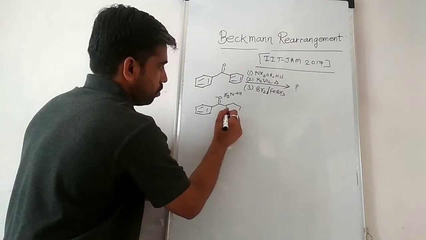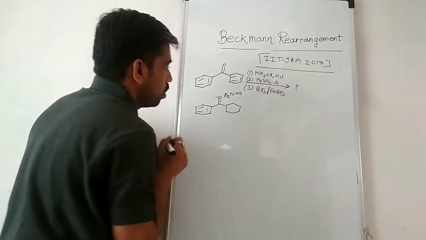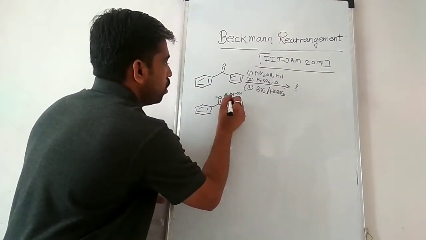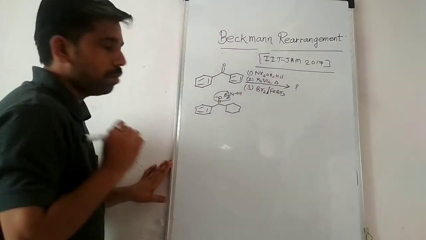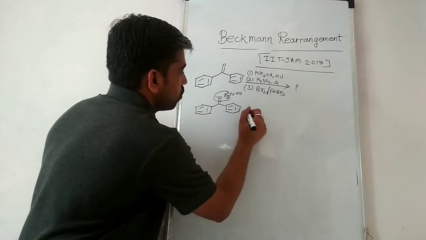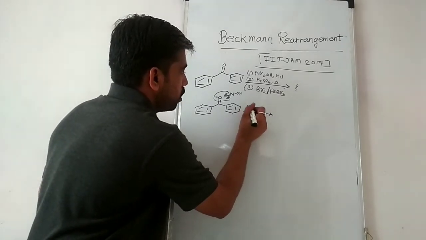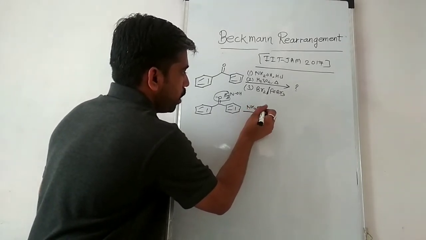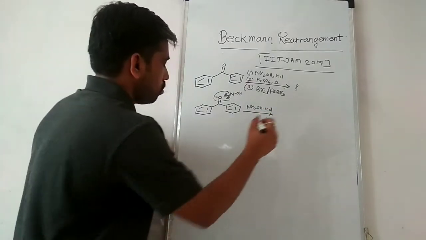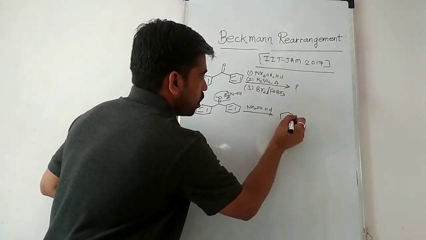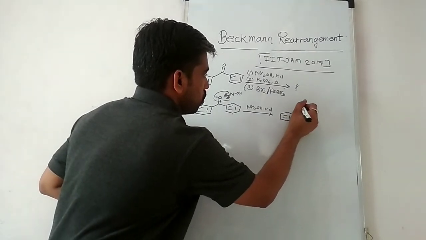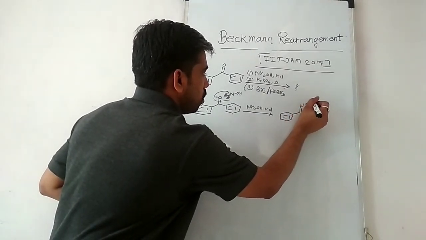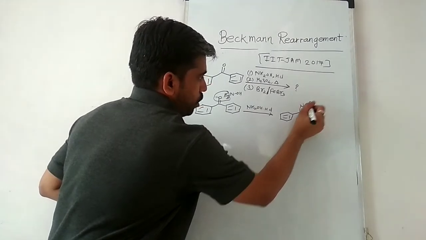Okay, this H2 and this oxygen are eliminated like this. Okay, the condition is hydroxylamine hydrochloride, we get the corresponding oxime, C double bond N OH.